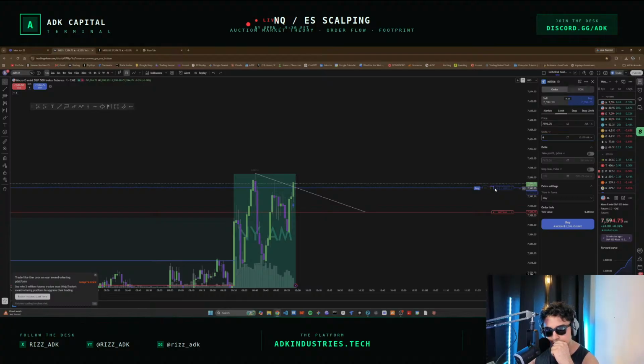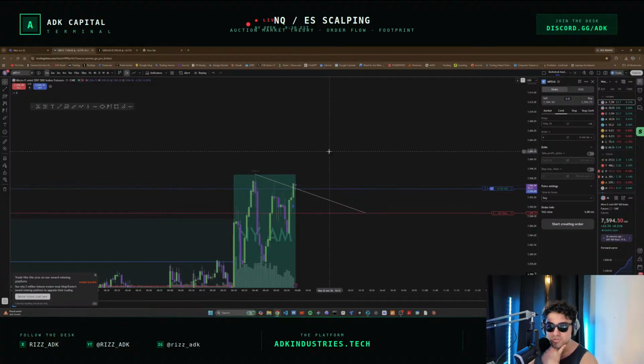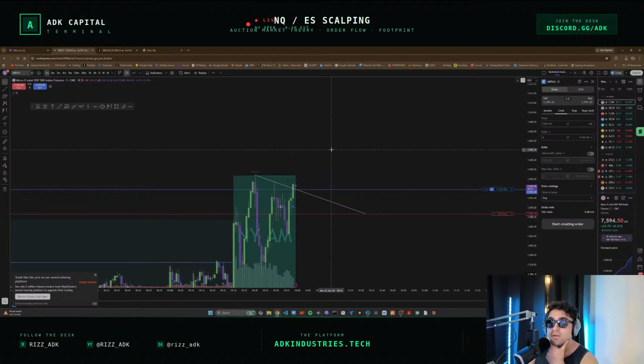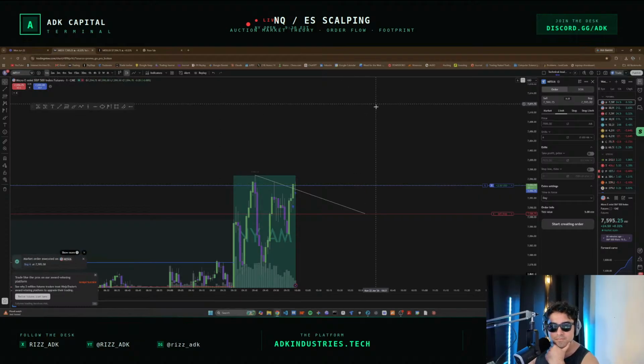How much are we risking? $100. Not bad. Let's do four more if we see another squeeze. If we see another squeeze, I'm gonna double down on this position, right? Alright.